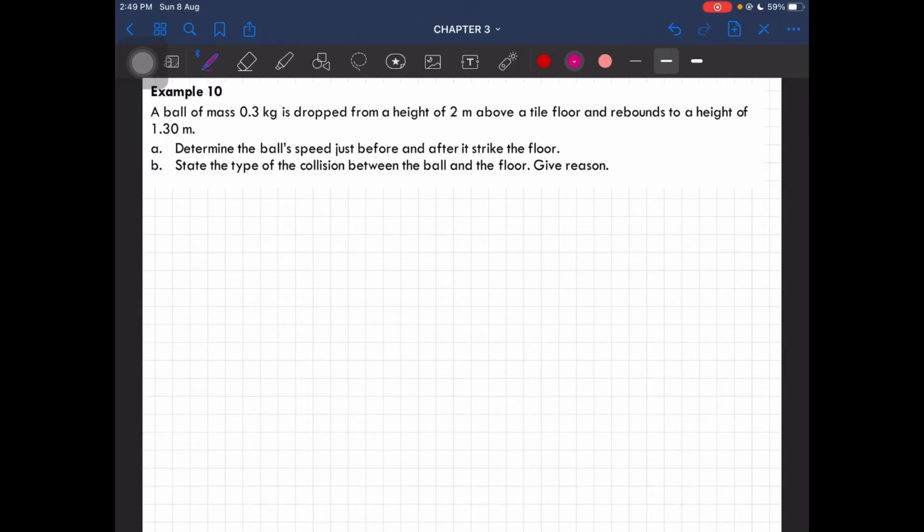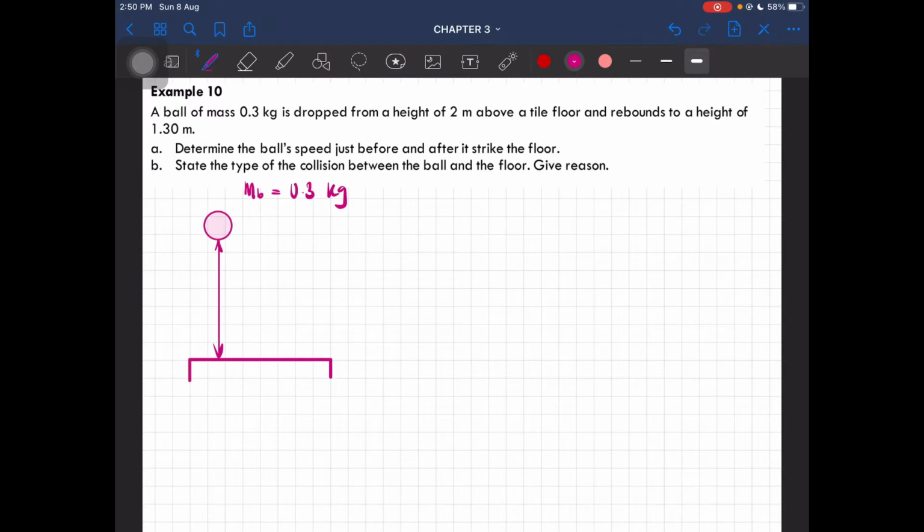Okay, so there's a ball of mass 0.3 kilogram, dropped from a height of 2 meter. So this is the tile floor. And then the ball rebounds.